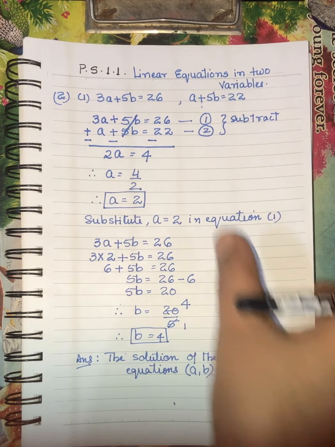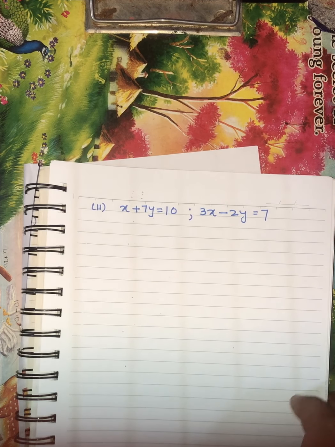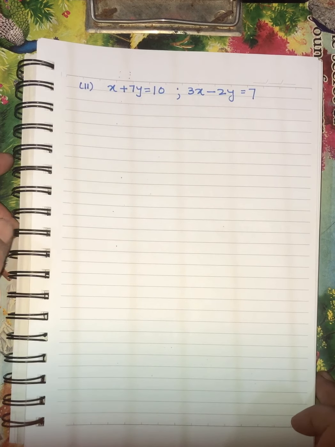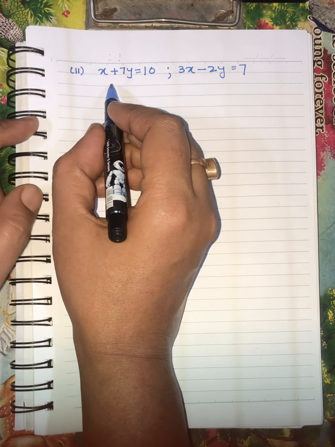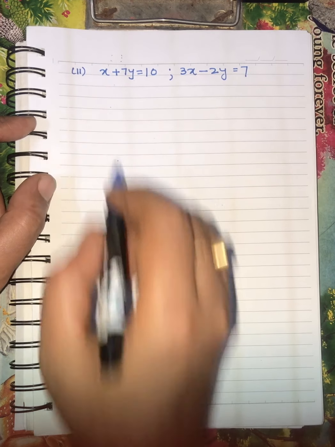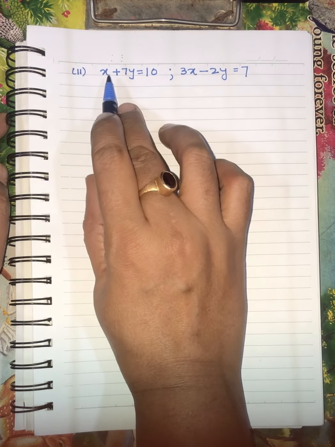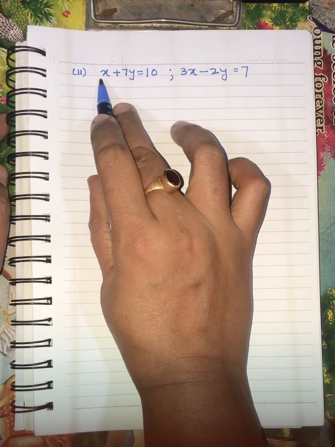This is the 2 first bit. Now we are doing 2 second bit. Again, let us try to solve it by elimination method only. If we see here, we don't have any same values of coefficients of x and y.